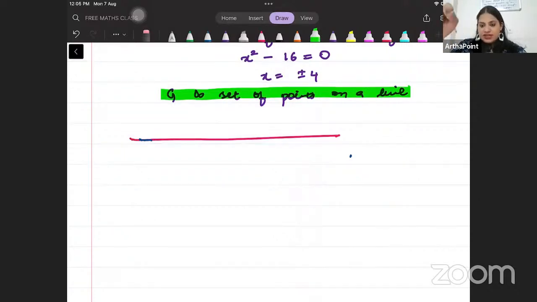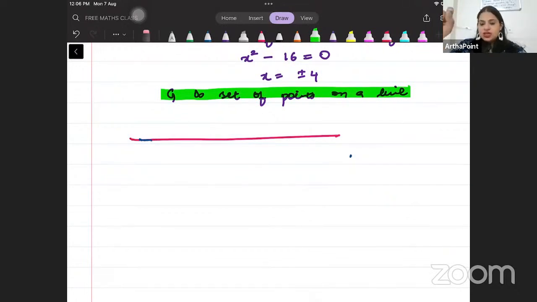Any infinite set cannot be represented in the roster format because elements do not follow any particular pattern. सिर्फ finite set को ही roster format में लिख सकते हैं, infinite set को roster format में नहीं लिख सकते हैं. If you want to understand what is roster format and set builder format, we did it in the last class.